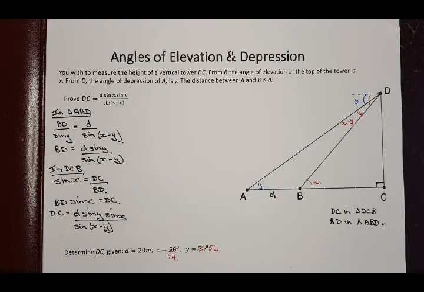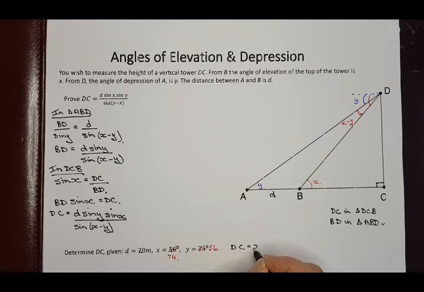Now, very often they will give you numerical values and ask you to calculate the answer. In this case, I'm saying to you, what would DC be if little d was 20, x was equal to 74, and y was equal to 56? Okay, all you're going to do is replace.